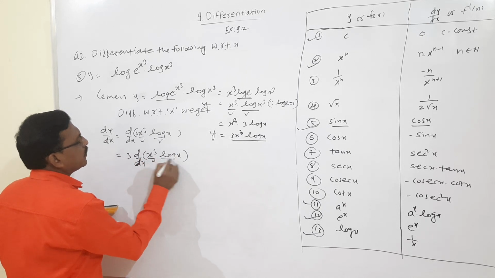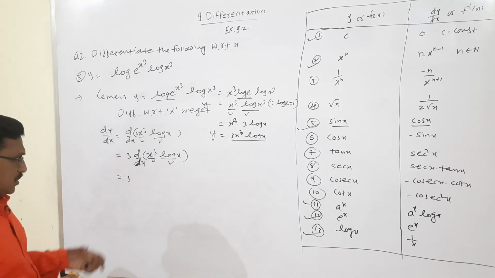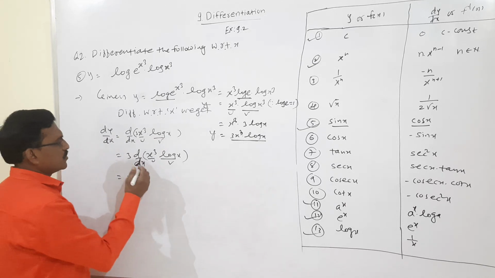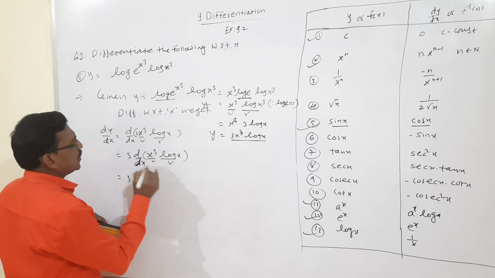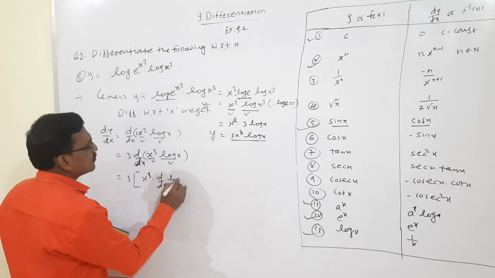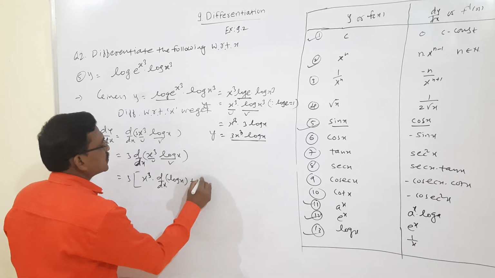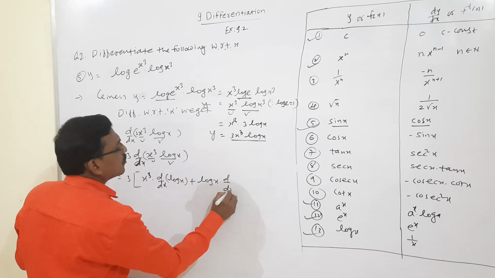Here u and v, 3 is constant as it is. Now we use u into v: u as it is, x cube as it is, into derivative of v, meaning derivative of log x, plus second function log x as it is into derivative of first, meaning derivative of x cube only.